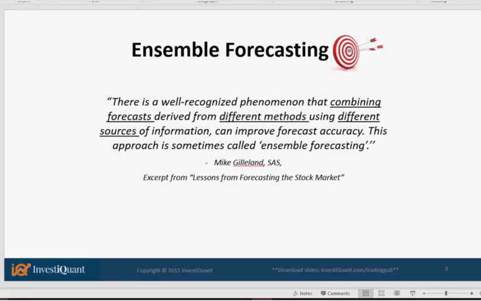So if you have multiple edges all pointing in the same direction, you're normally much better off than if you have one thing that is suggesting an edge and one thing that is suggesting that there is no edge, or perhaps an edge in the opposite direction.